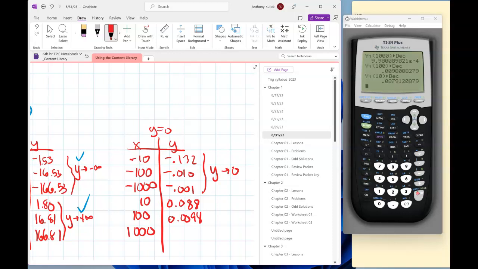Well, that seems out of place, but look at the end where it says e to the -4. That means that's scientific notation on your calculator. So what this number really is, is 9.98 times 10 to the -4. So that's 3 zeros and then 998. So again, what we're seeing is everything getting closer and closer and closer to 0, which is confirming to us that what we see is a horizontal asymptote.